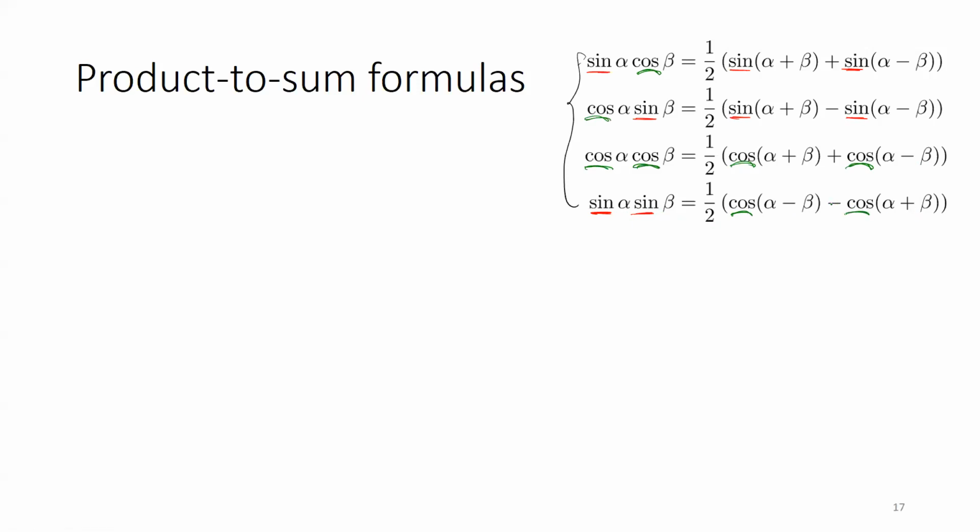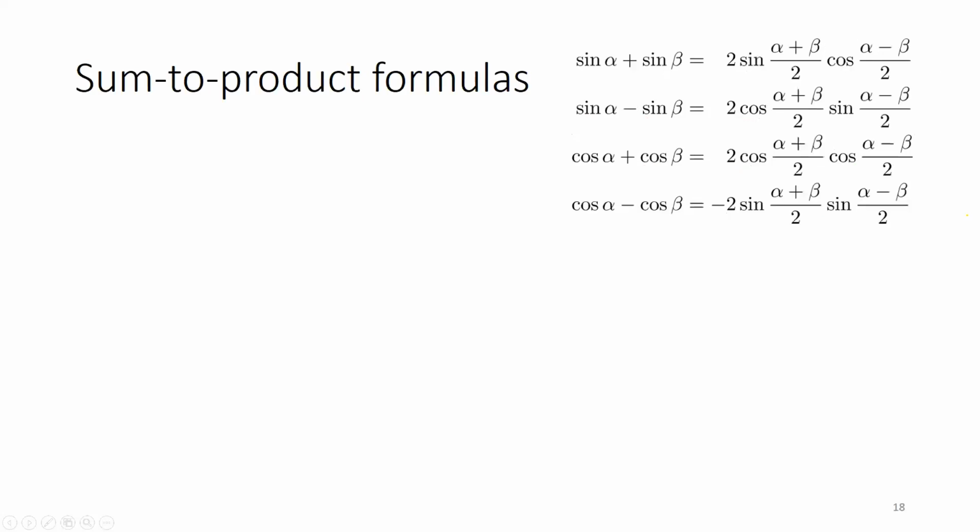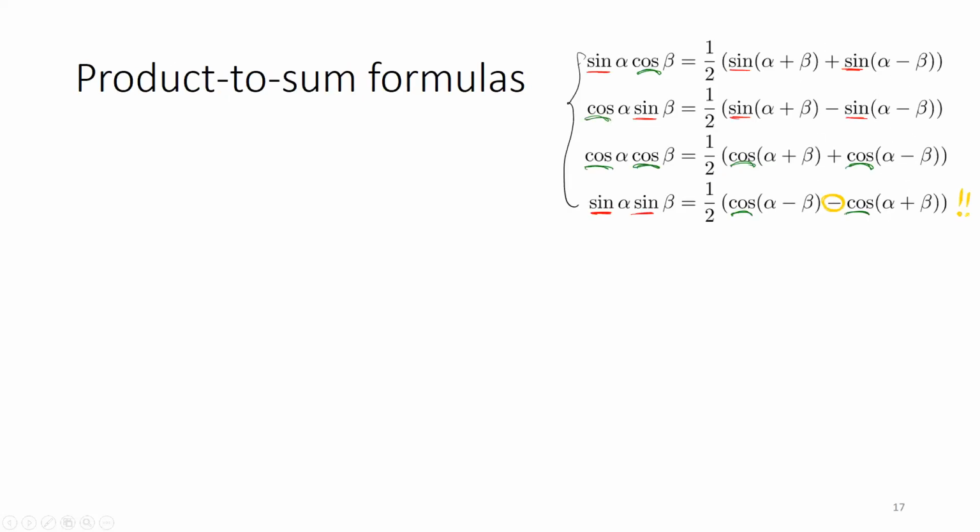So be vigilant and don't forget this minus sign. So here too, I will not give you the proofs. They're quite a bit of work to derive, but they are also quite useful.